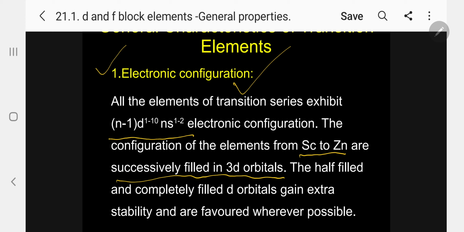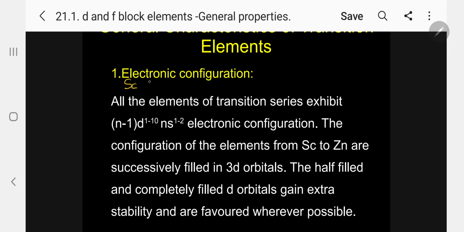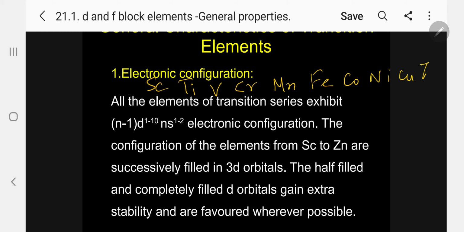So let me write, kindly follow. The first one is scandium, the start of that particular series: scandium, titanium, vanadium, chromium, manganese, iron, cobalt, nickel, copper and zinc.